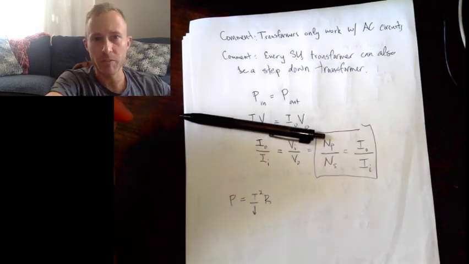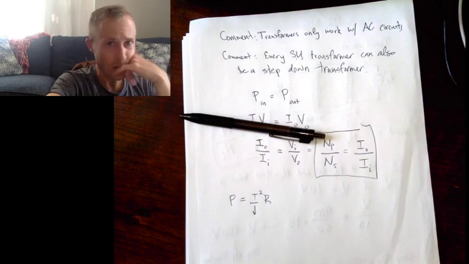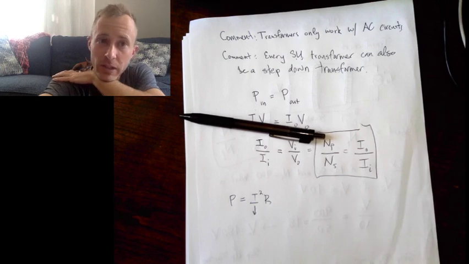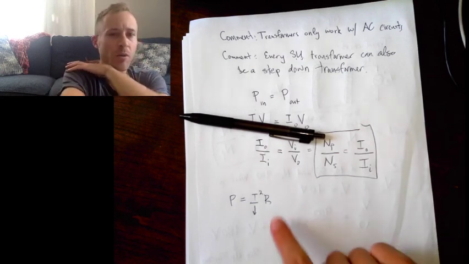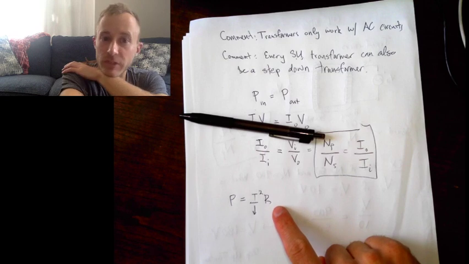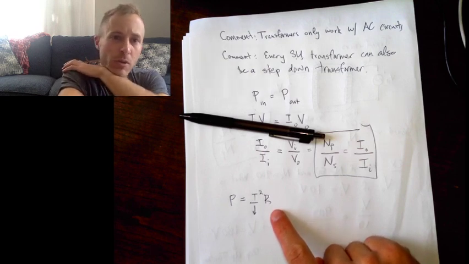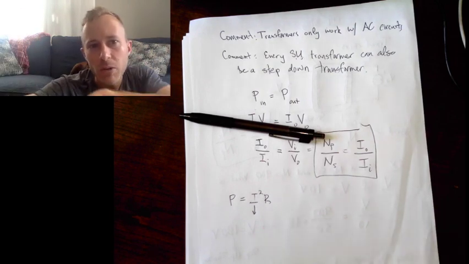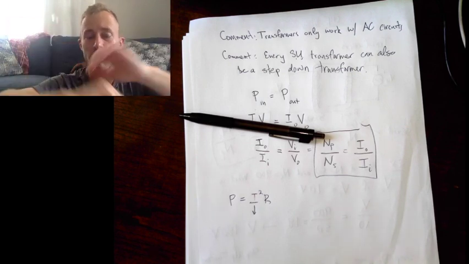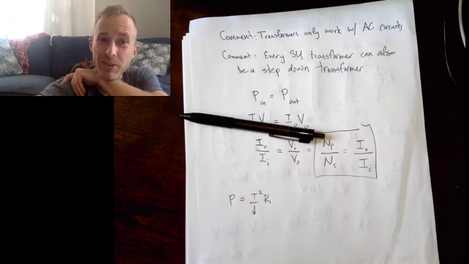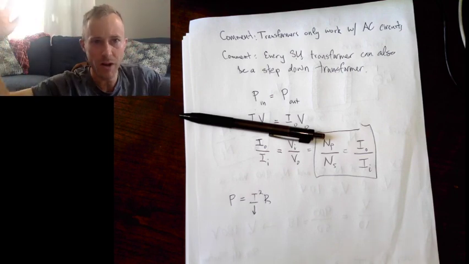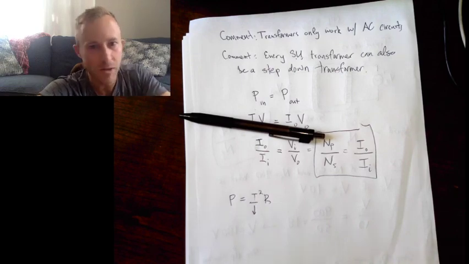So if you're transmitting power over great distances, you have these long wires that are carrying electric current. And because they're such long wires, they have substantial resistance. So you don't want these wires to be dissipating power, that's just waste, right? If you're transmitting power over 100 miles and some of that power is being dissipated by the 100-mile long wire, then it's just going to heat up the wires and it doesn't do anything for anybody.